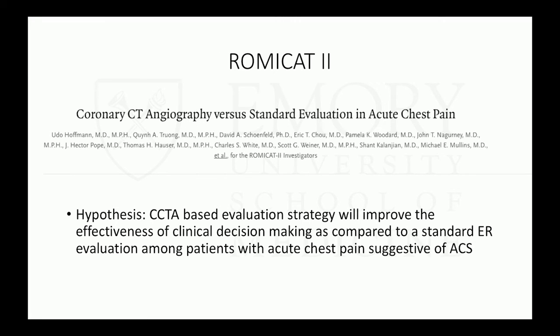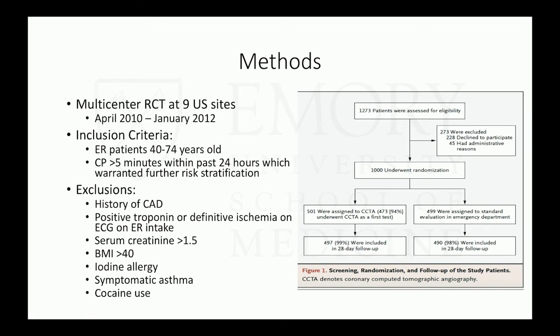And so subsequently, they actually did a randomized control trial looking at this. The authors' hypothesis was that a CCTA-based evaluation was going to improve the effectiveness of clinical decision-making compared to the standard ER evaluation among those patients with chest pain suggestive of ACS.